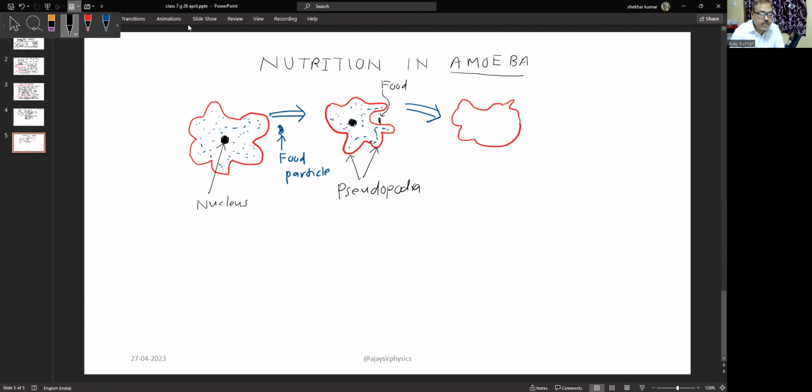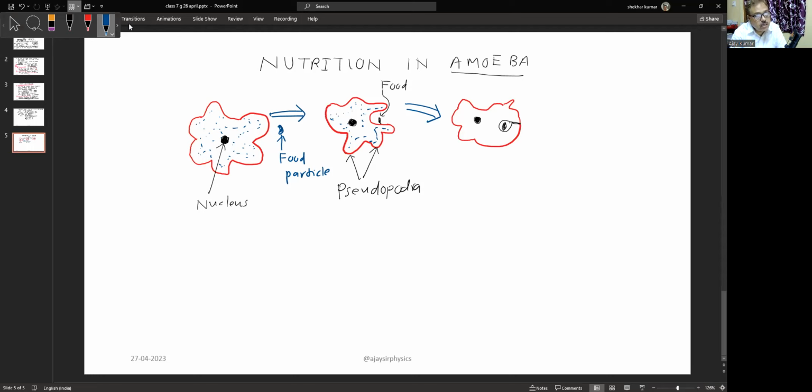The nucleus is remaining inside, no doubt. Nucleus will remain inside. And the food part enters, yes, this very food trapped inside, and we call it here food vacuole.